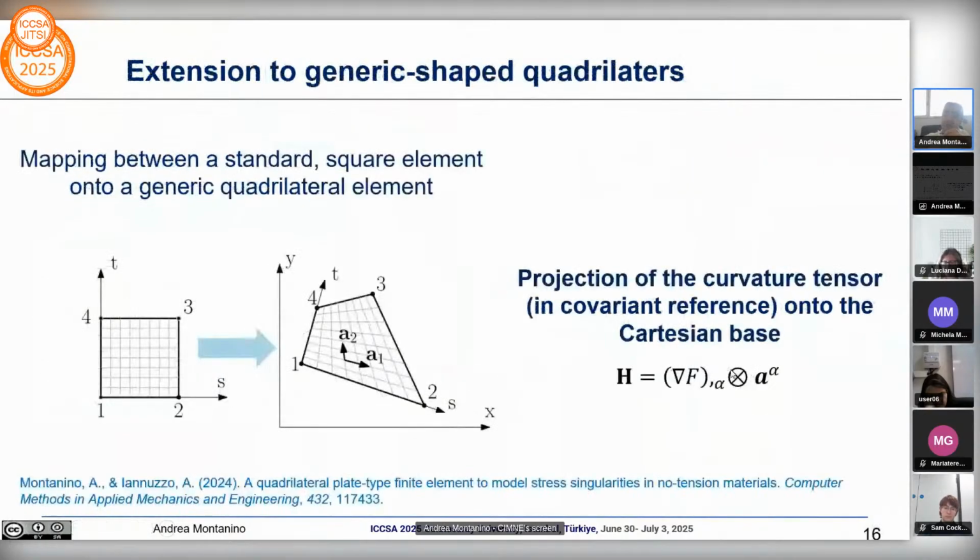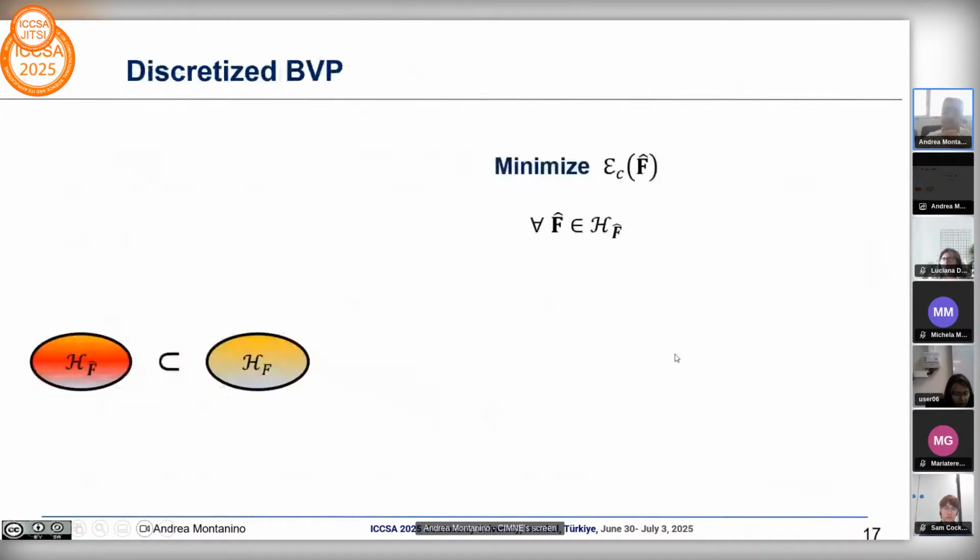All these formulations can be extended onto generic shaped quadrilateral elements, and we can even compute the stresses through a mapping between the parent element, the square element, and the generic shape real geometry element, through a projection of the Hessian from the covariant reference defined on the quadrilateral element onto the Cartesian direction.